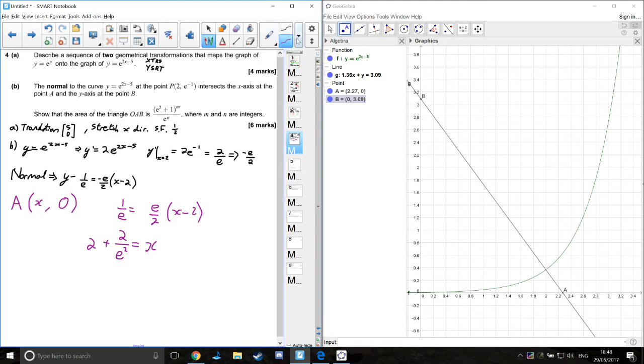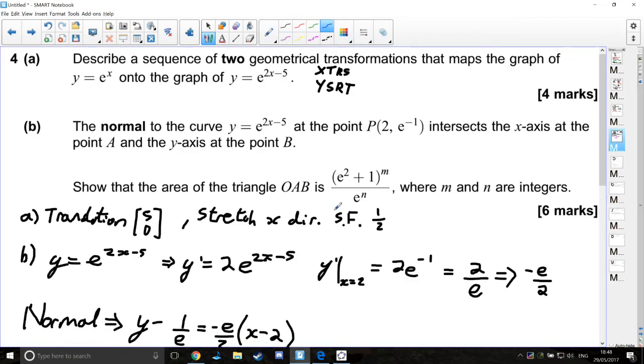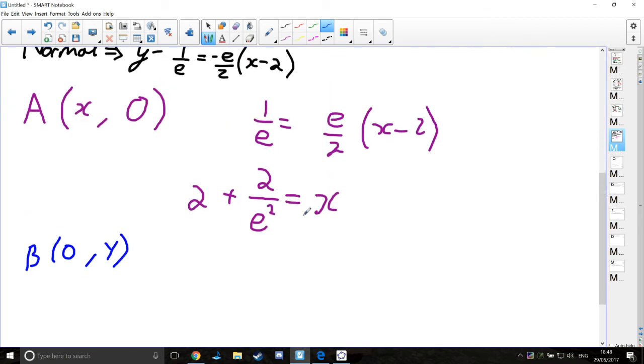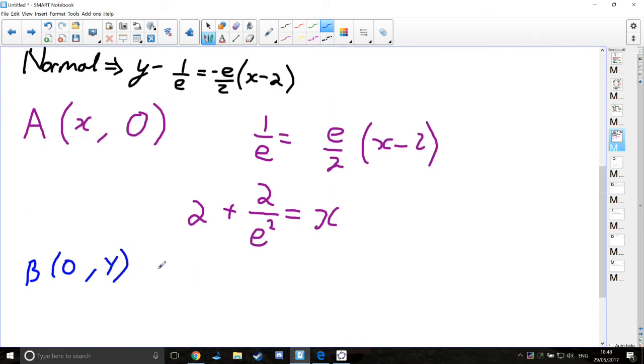Let's work out the next one, which is point B, which is when x is 0 and y is something that we don't know. So now we have y minus 1 over e is equal to, and that's just going to be minus 2 times that.